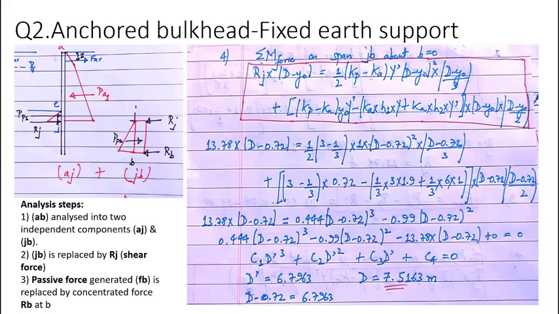And now for the rectangular stresses, passive force is acting, active force is acting. So it is Kp minus Ka Y0 into gamma submerged, because it is below the water table.